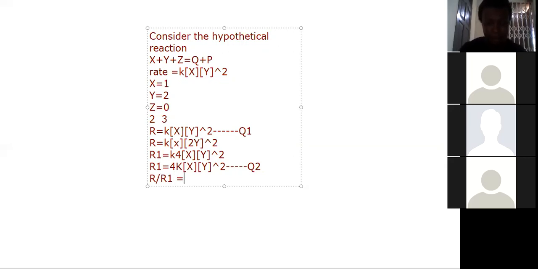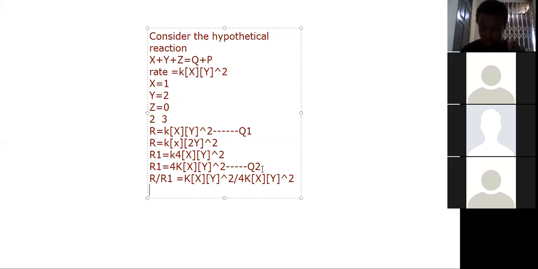It's going to give us Kx into bracket Y raised to power 2, divided by 4Kx Y squared. Have you seen how it works?